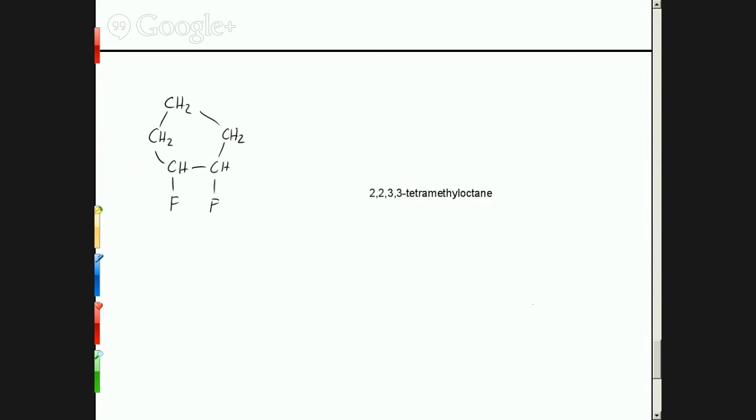The second one's a name, and you draw the structure. So you've got about 3 minutes. Go ahead. An octane means 8.